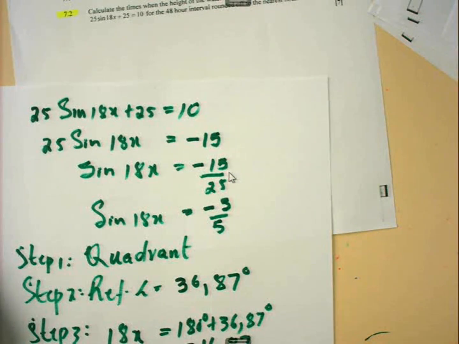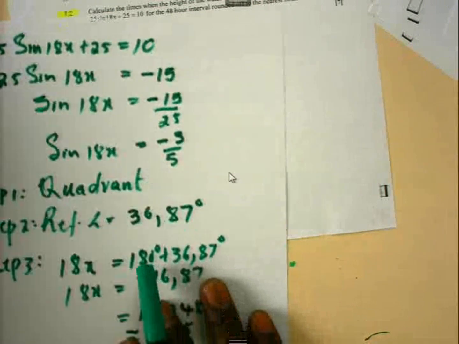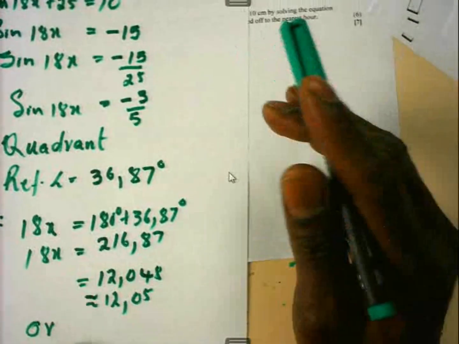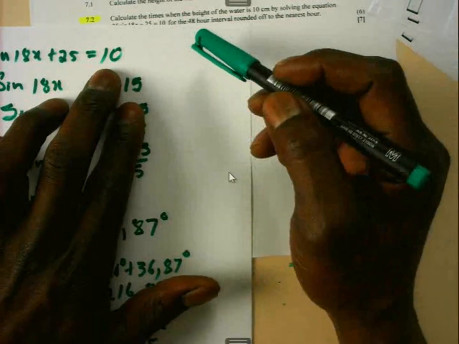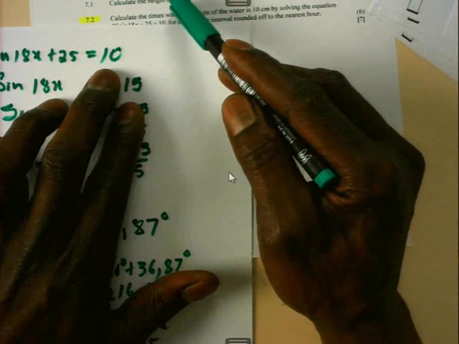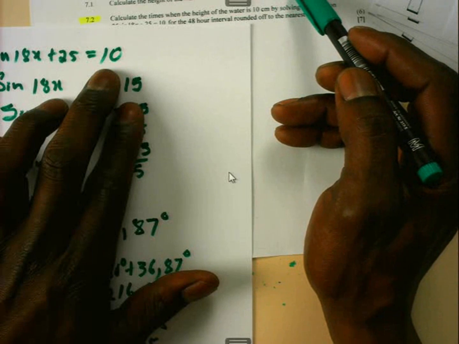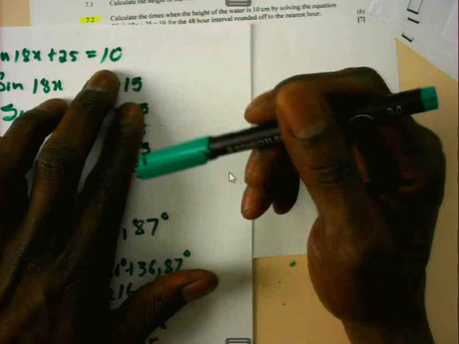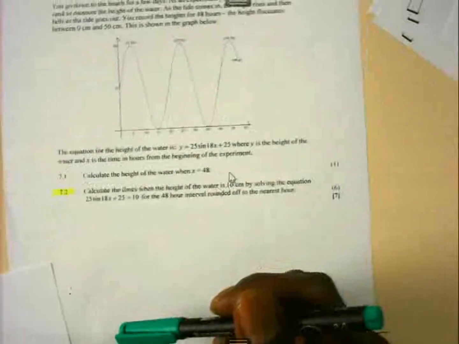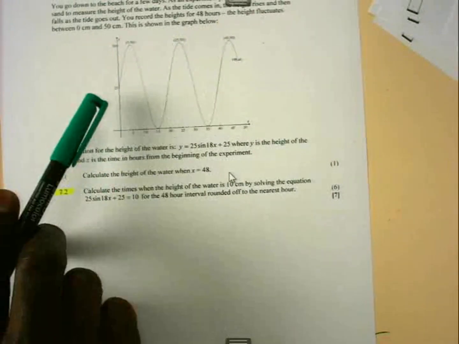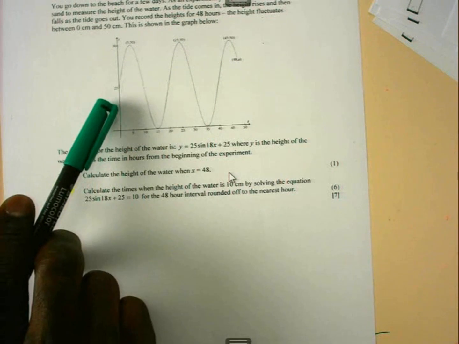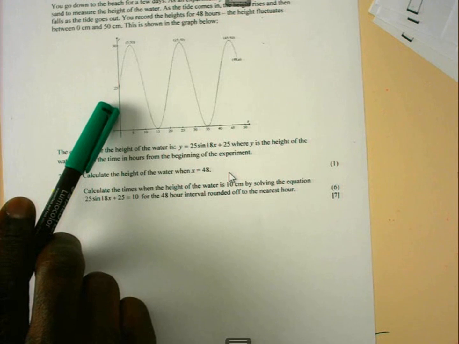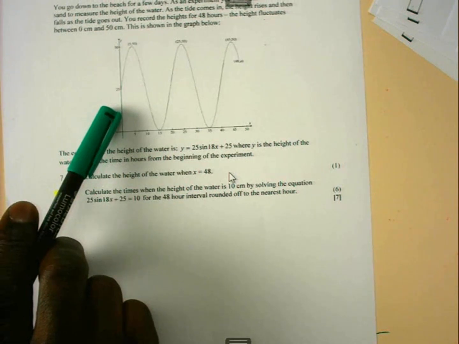Now, let's see if this makes sense. We look at our graph where the y value, which represents the height of the water, is 10. We are just going to estimate. You can see here is 25, so the middle of that is going to be 12.5. Just below that is going to be 10.